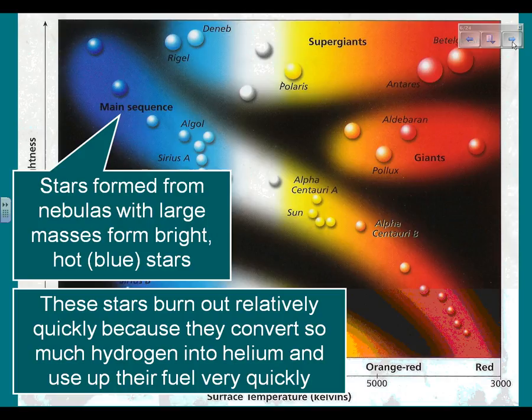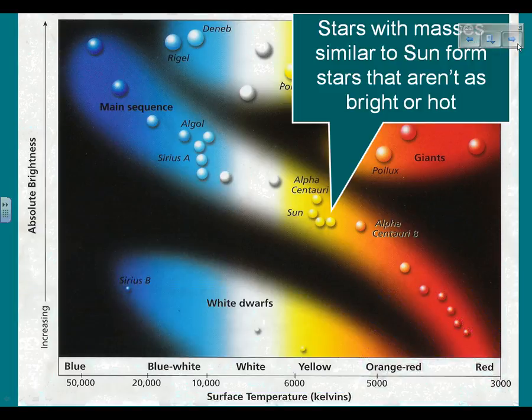Miriam, stars like our sun fall somewhere in the middle. They're very average as far as temperature, size, brightness, all that stuff. So stars with masses similar to our sun aren't all that bright and aren't all that hot. They're very average, but that's good enough for us.